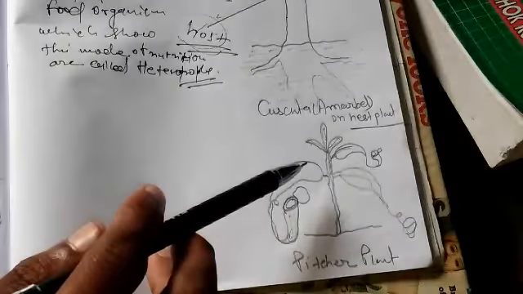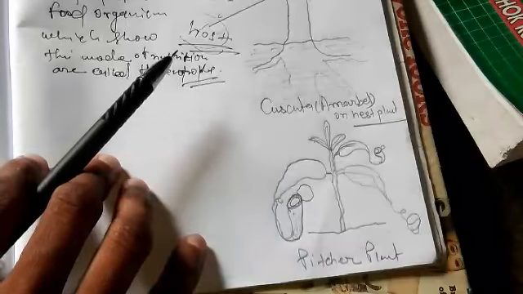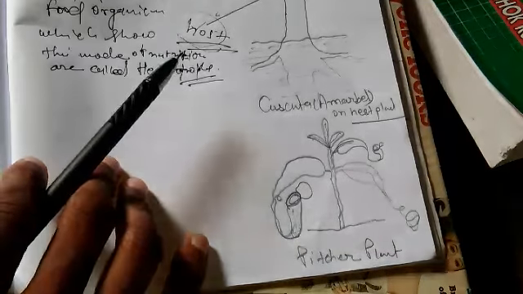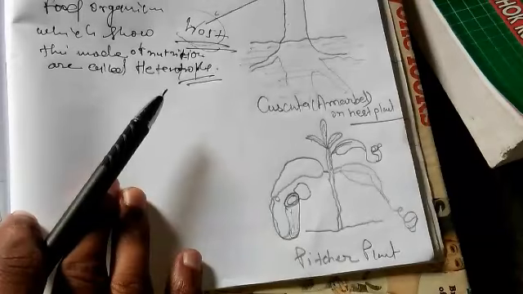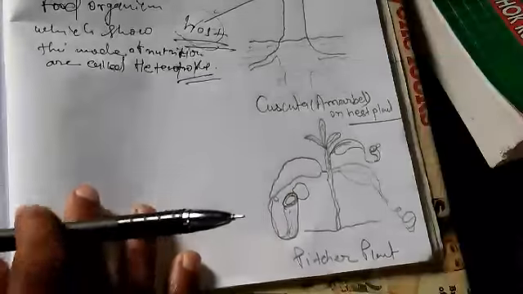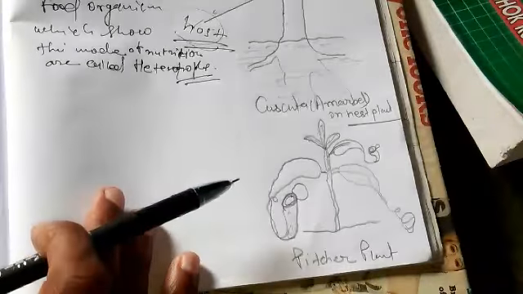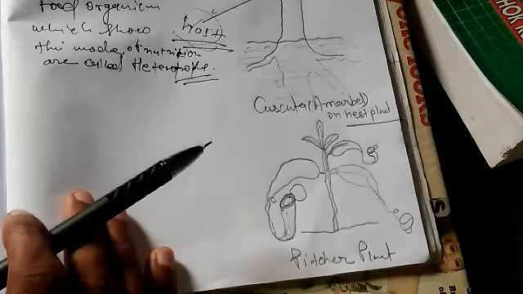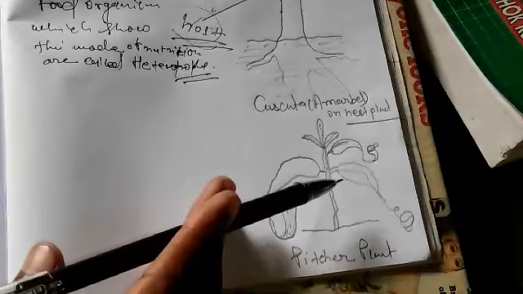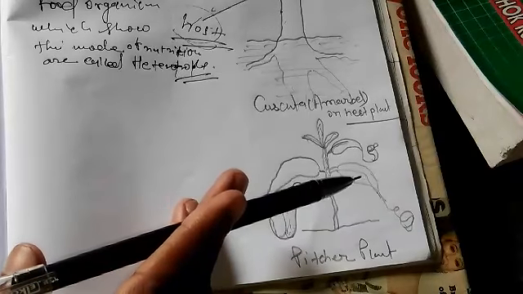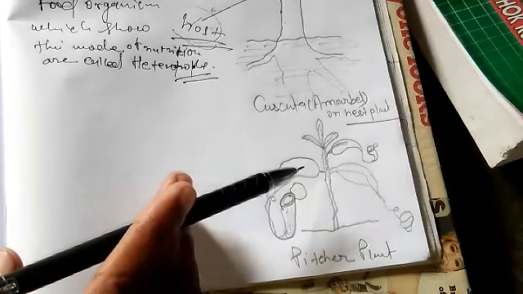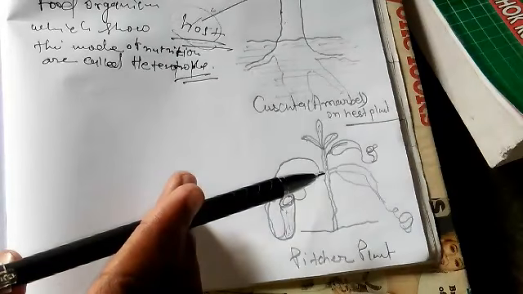Pitcher plants. This is an insectivorous plant, also called a carnivorous plant. There are a few plants that can trap insects and digest them. This plant is also in this category. Such plants may be green or some other colors.